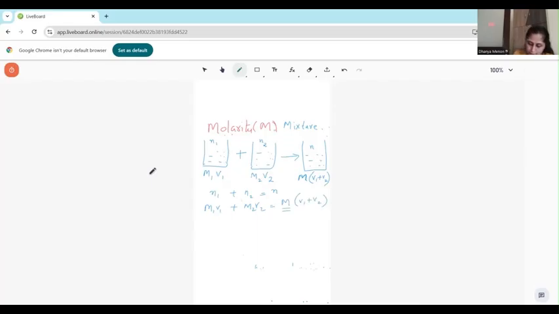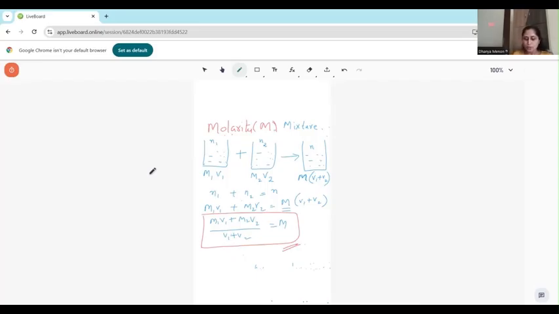So the molarity of the mixture is given by M1V1 plus M2V2 over V1 plus V2. This is our formula which you need to memorize. You don't have to memorize how we derive this, but this formula is very important, because a lot of questions are asked on this part of the lesson.